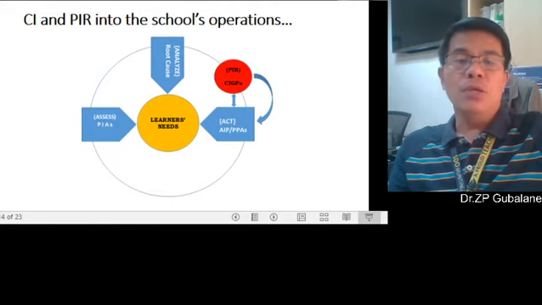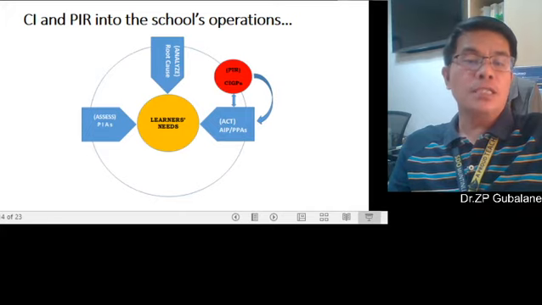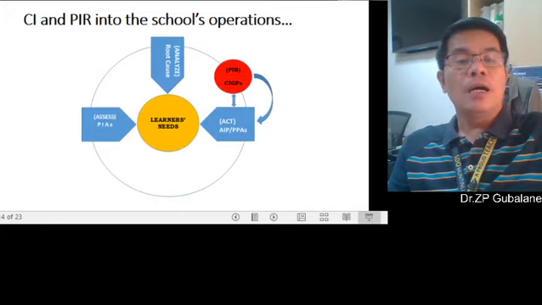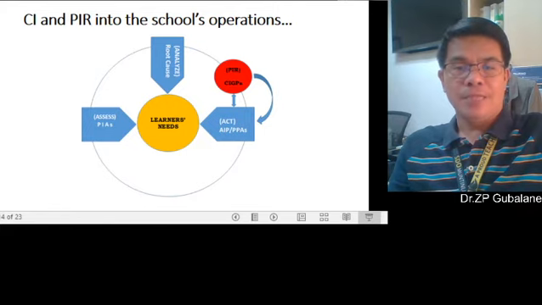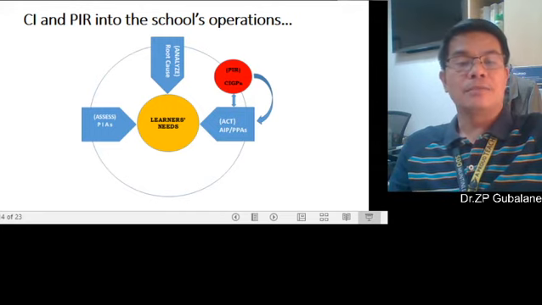But we need to prioritize. Now, at the top portion, you can see there, analyze. Analyze is the second A of CI. And then at the right portion, you can see act.